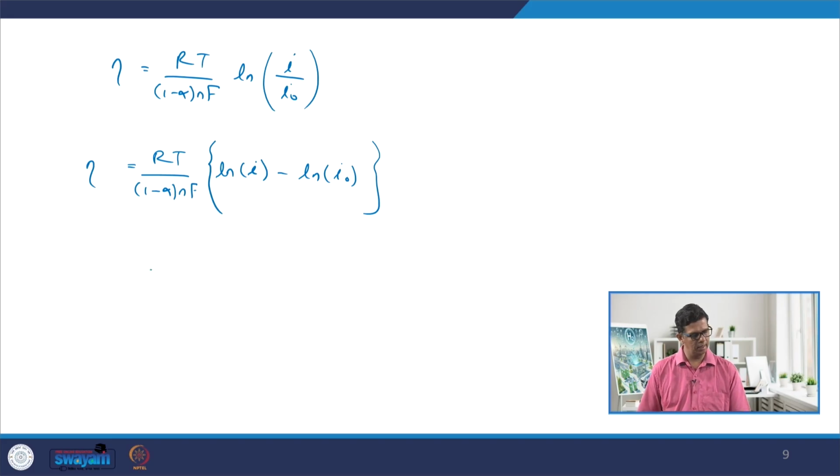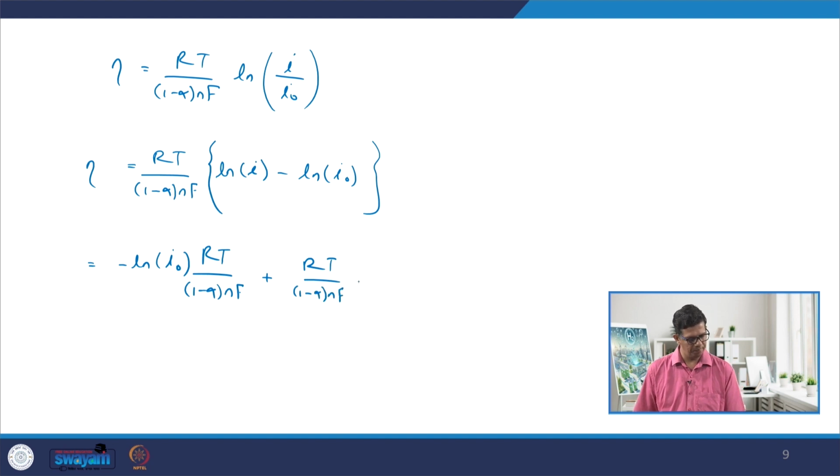If I expand this bracket, I get minus ln I naught RT by (1 minus alpha) nF plus RT by (1 minus alpha) nF ln I. If you look at this expression, I naught for a given catalyst is fairly constant, and R, T, F and alpha are also constant for a reaction.